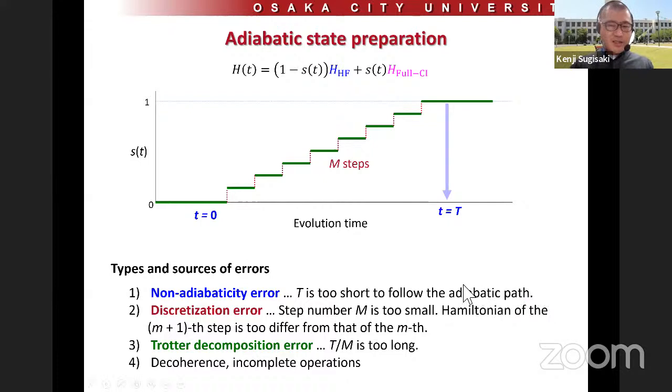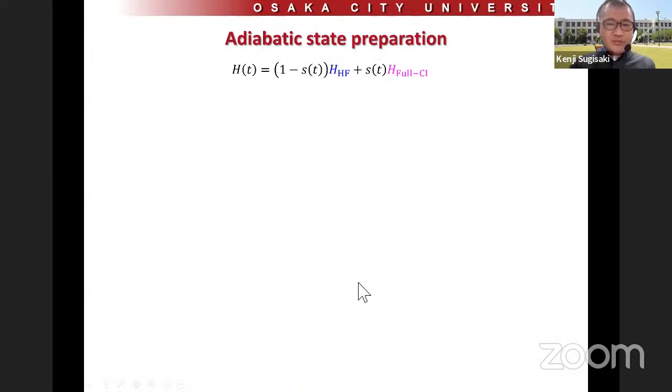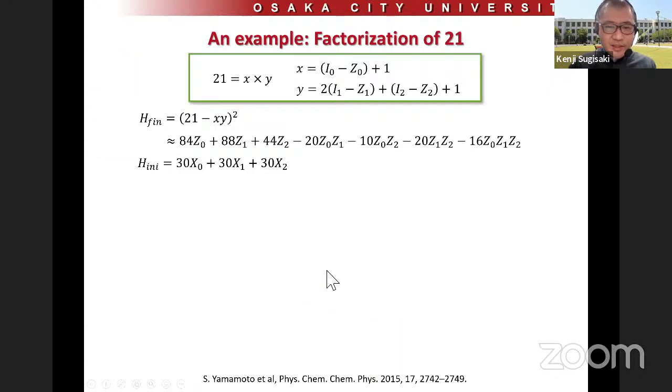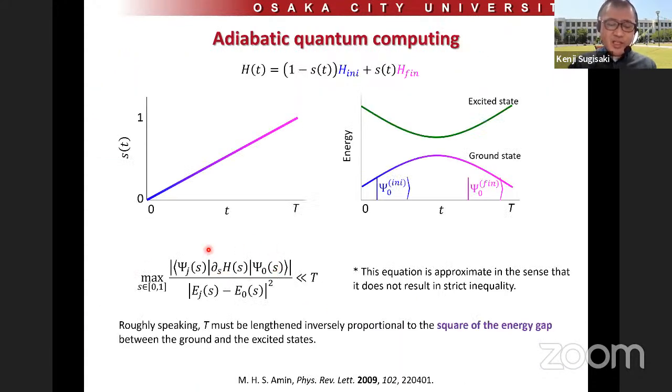Another source of errors is discretization. If the step number M is too small, the Hamiltonian of the m plus 1 step is too different from that of the m step. In this case, the change of the Hamiltonian is very large, so this denominator can become very large.